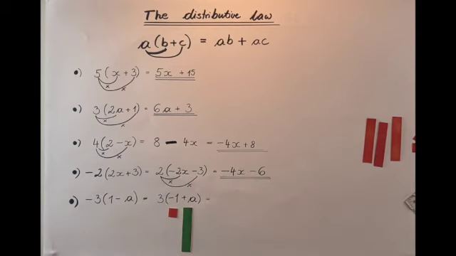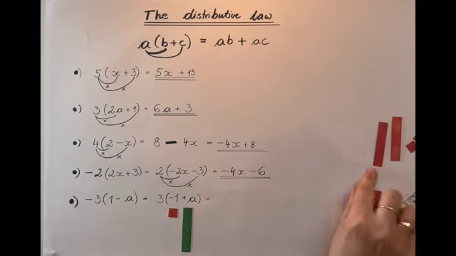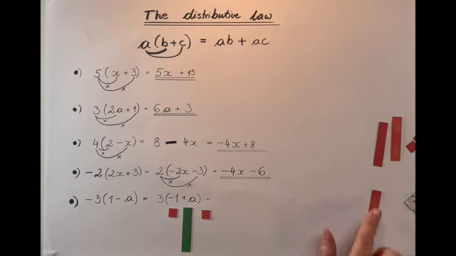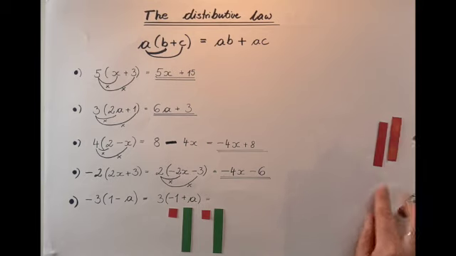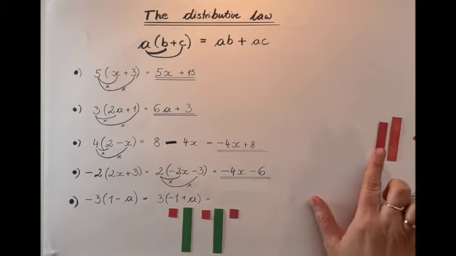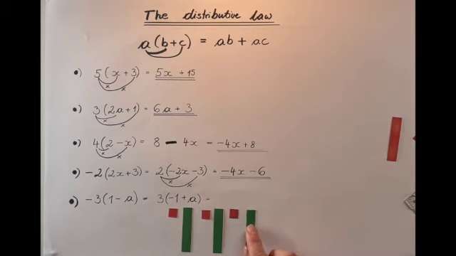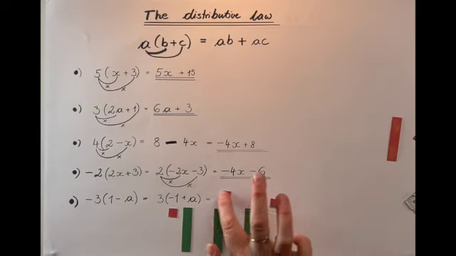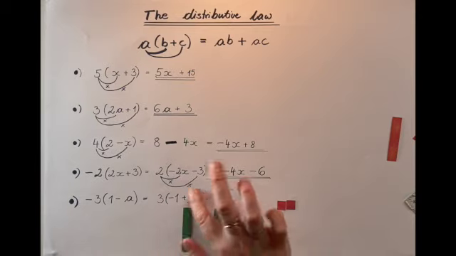And now I'm going to make 3 lots of this bracket here. So I have another negative unit, another positive a, another negative unit, and another positive a. And I'm going to rearrange these to collect my like terms.